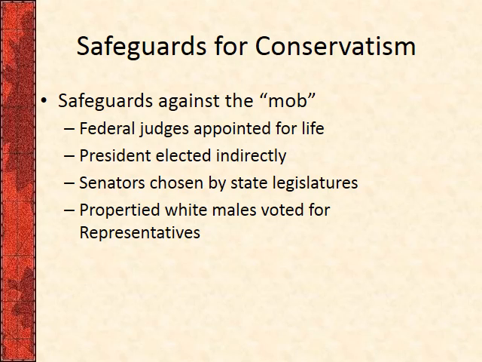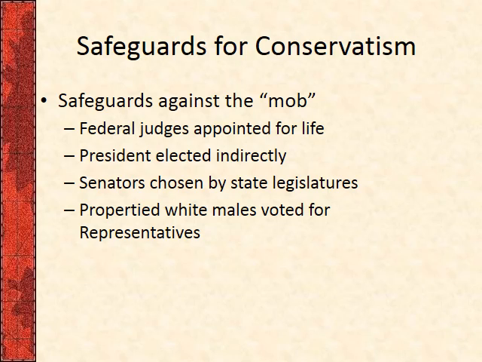So what are the safeguards against this mob? First off, federal judges are appointed for life. So since the judges don't have to worry about getting reelected, they don't have to follow the whims of the people. The president is elected indirectly, so the people can't just pick some guy who's going to level, as the term operated back then, of taking money away from the rich and giving it to the poor.